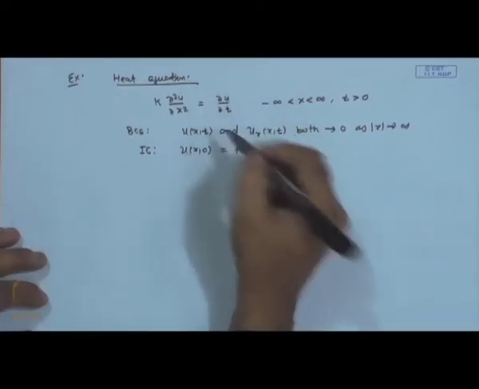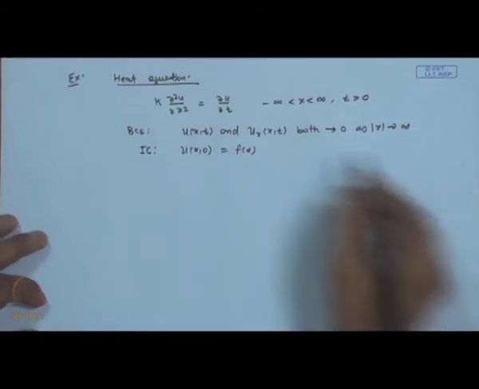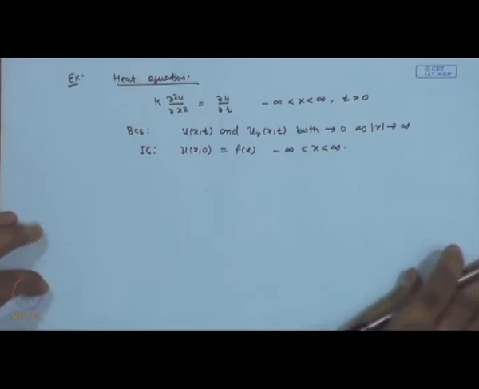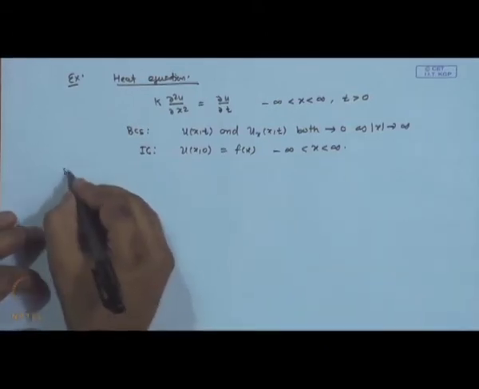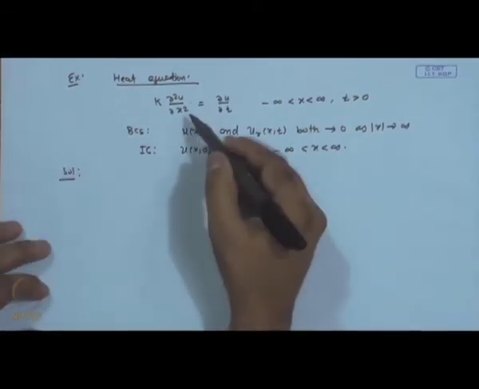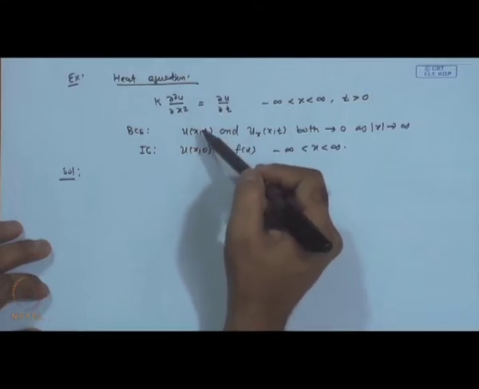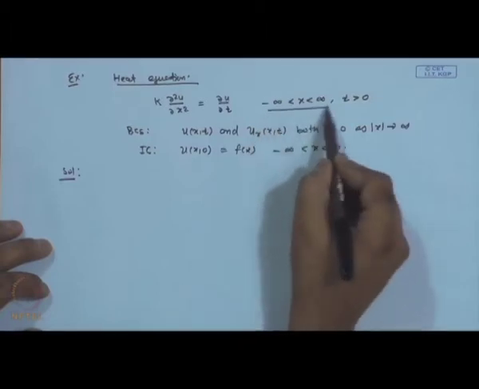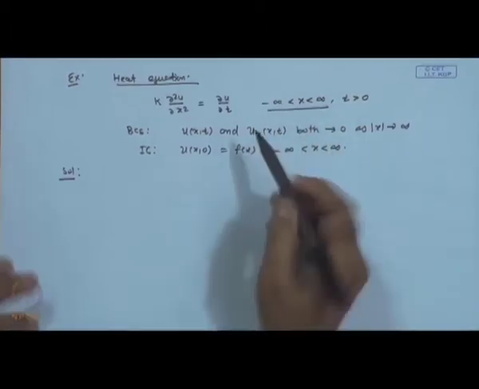So, we have only the first derivative in time here, so only one initial condition, and x goes from minus infinity to plus infinity. So, here the choice of the Fourier transform is clear. We will apply the Fourier transform, because our variable is from minus infinity to plus infinity.